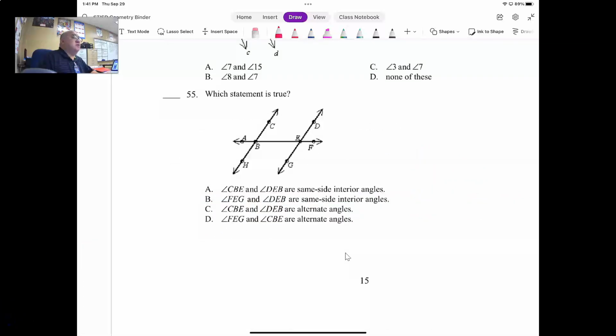Which statement is true? It says angle CBE and angle DEB are same side interior. I would say that's true. So that's true. Let's see the other ones. And I'm going to go ahead and erase this here.